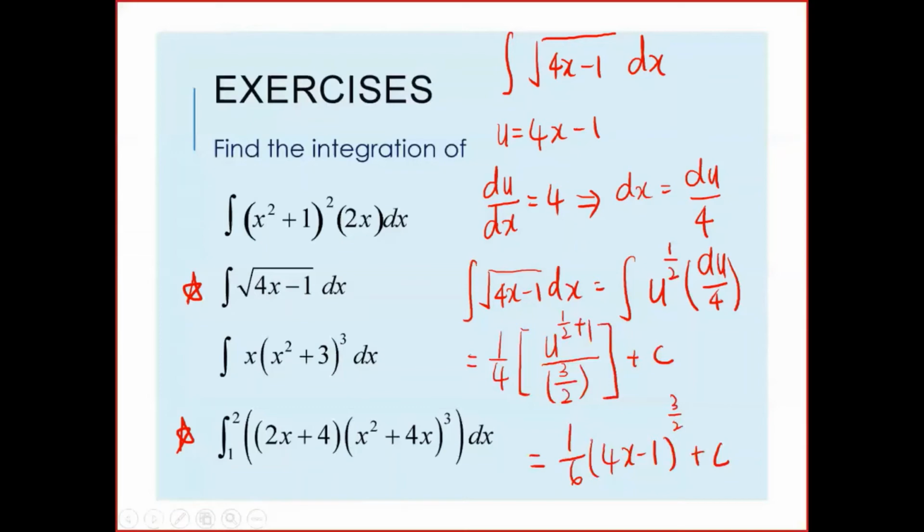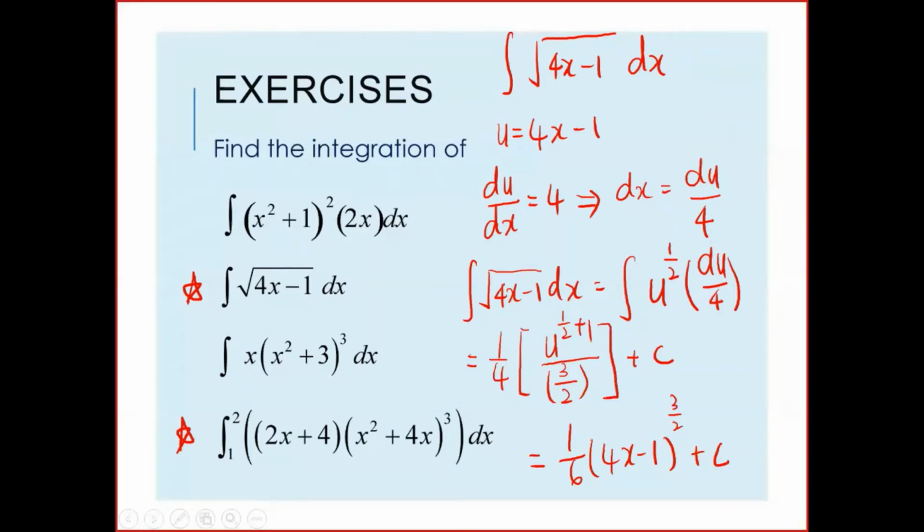So we get this. The square root becomes the power of 1 over 2. The dx replaced with du over 4. Now the 4 here, we can take out because it is a coefficient. When we take it out, it's 1 over 4 here.